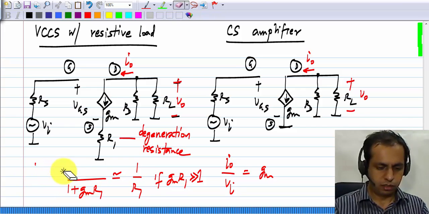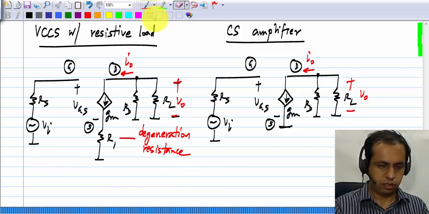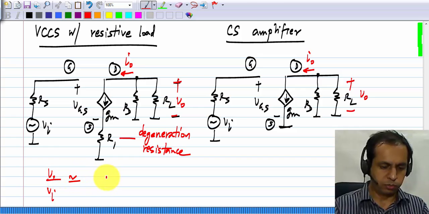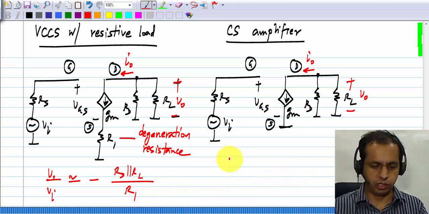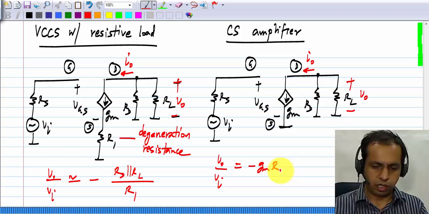Then we'll have V0 by Vi approximately minus RD parallel RL by R1 in this case, again under the same condition that Gm R1 is much more than 1, and V0 by Vi is minus Gm RD parallel RL in this case.